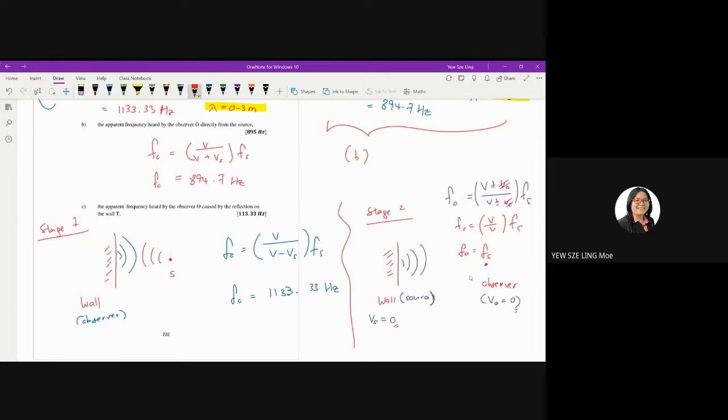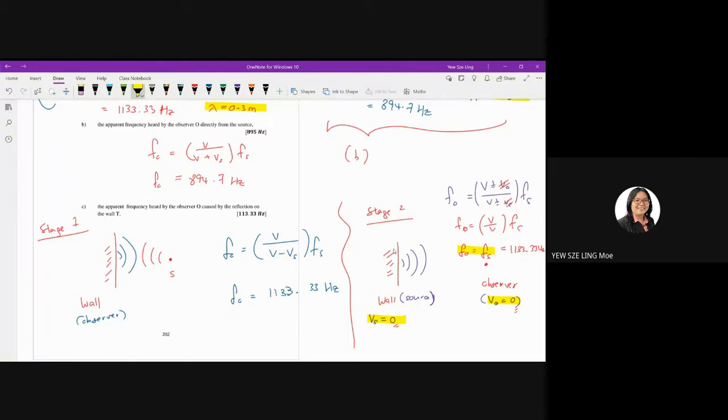So the frequency received by the observer is then equal to 1133.33 Hertz. You have vo zero, you have vs also zero. So simplifying the equation, you obtain fo equals v over v times fs. It tells you that when you have a stationary observer and a stationary source, the source frequency and the observed frequency are equal. So fs equals fo when vs equals 0 and vo is also equal to 0.